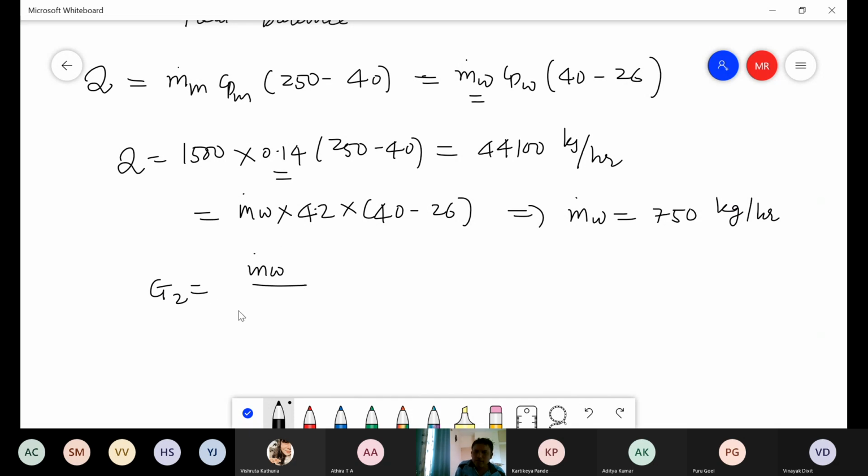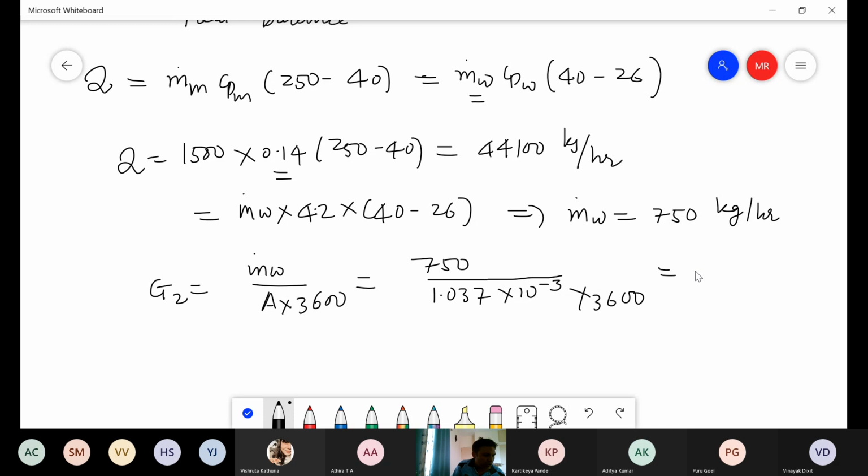G2 in this case is going to be MW divided by area into 3600, isn't it? So 750 divided by the annular region area we have already calculated, A2, that is 1.037 into 10 raised to the power minus 3, into 3600.